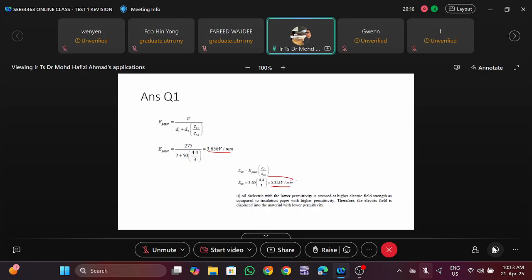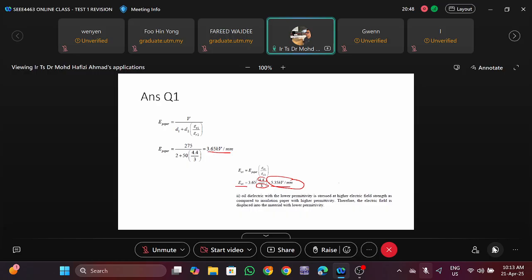This field strength is like a force, a stress, exerted on the material. On oil, because it has a lower permittivity of 3.0, compared to paper with 4.4 permittivity, the oil is stressed at higher electric fields.